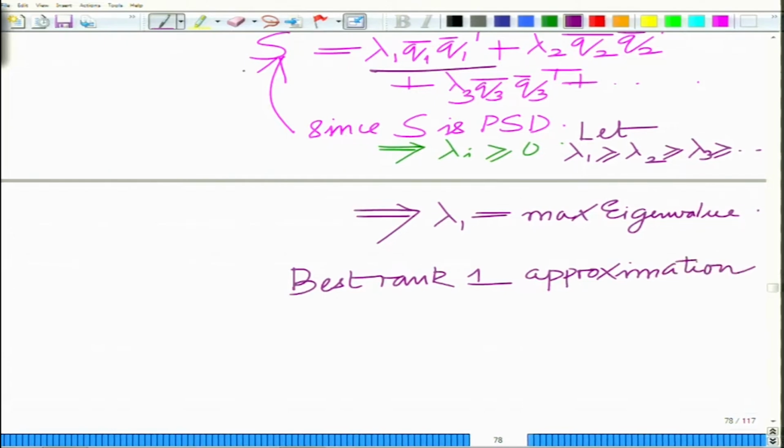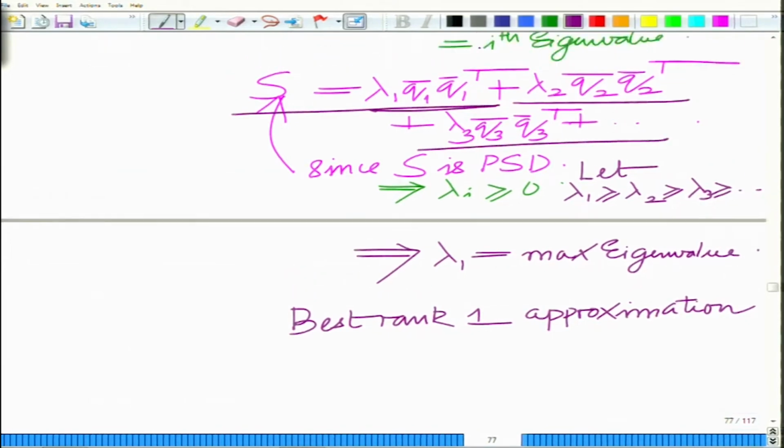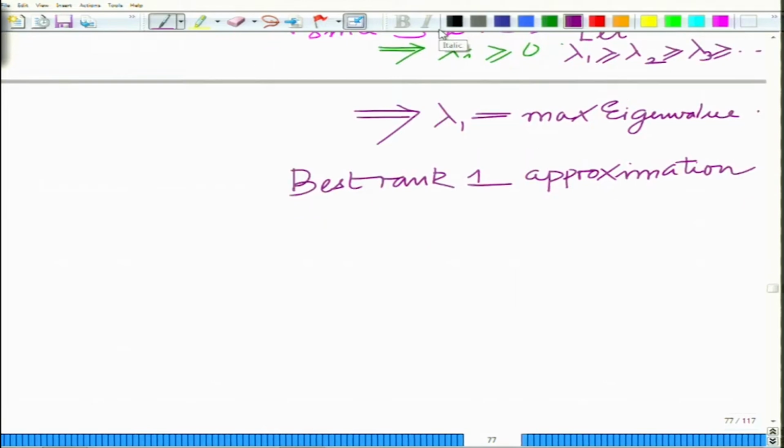Then the best rank 1 approximation is simply this: you choose S equal to lambda 1 q1 bar q1 bar transpose, ignoring the rest. Just choose the outer product of the eigenvector corresponding to the largest eigenvalue.